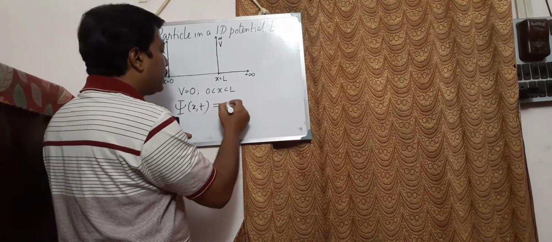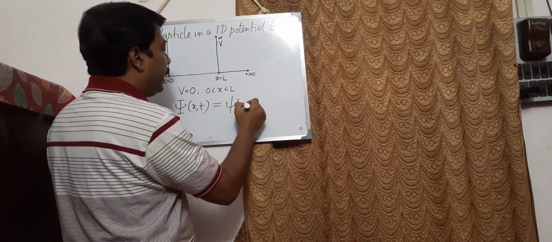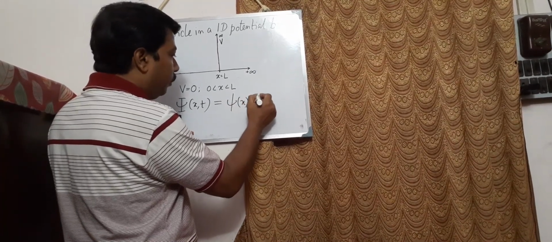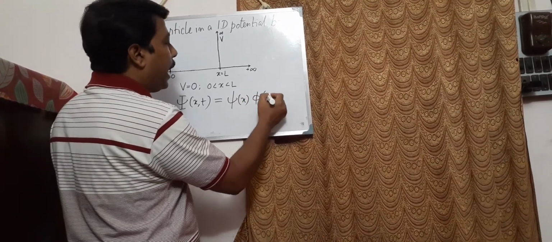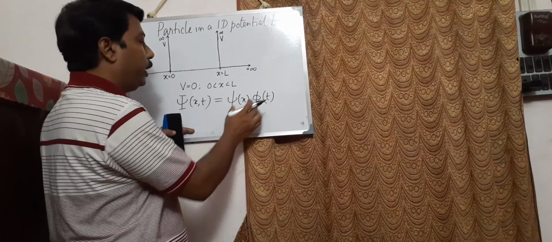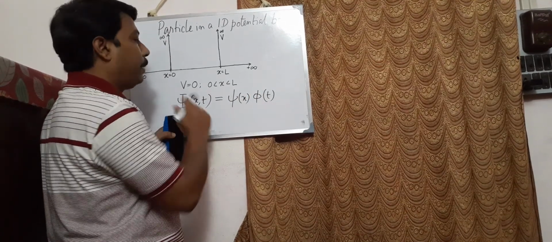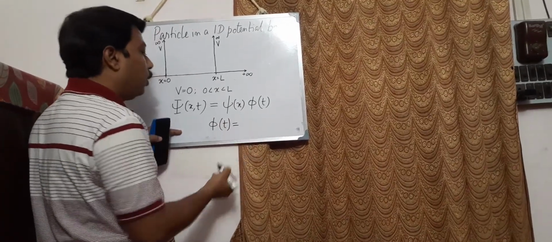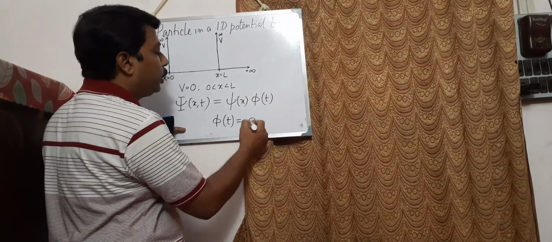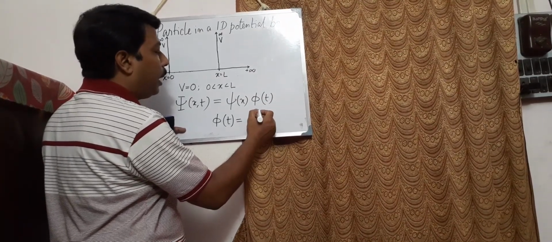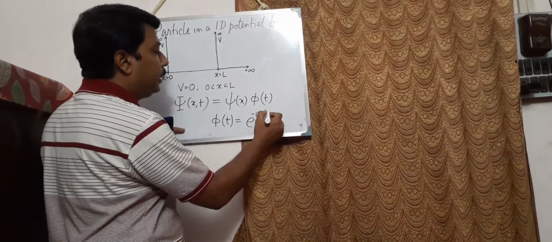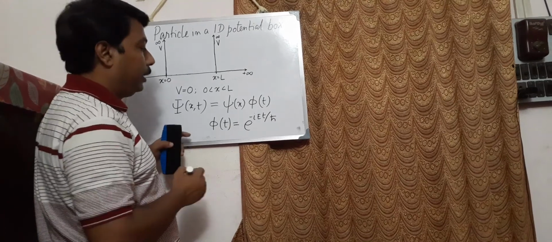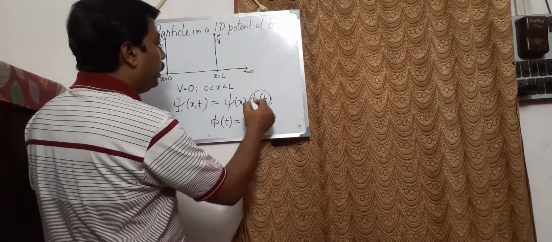Now we have already discussed that if we assume this psi(x,t) to be a product of a function psi which is only dependent on x and another function phi which is dependent on t, then this phi(t) part of the solution will be e to the power minus iEt by h-bar, where this E represents the energy of the particle. So this part of the solution is already known to us.